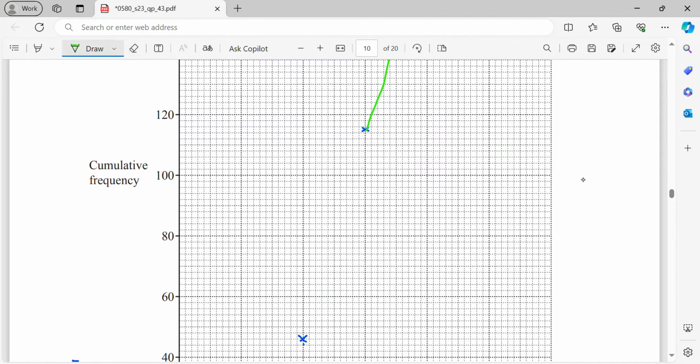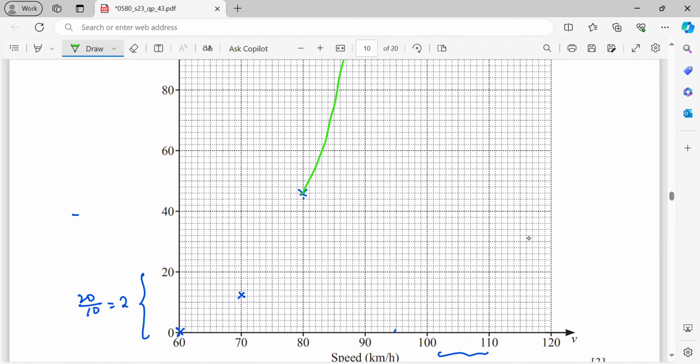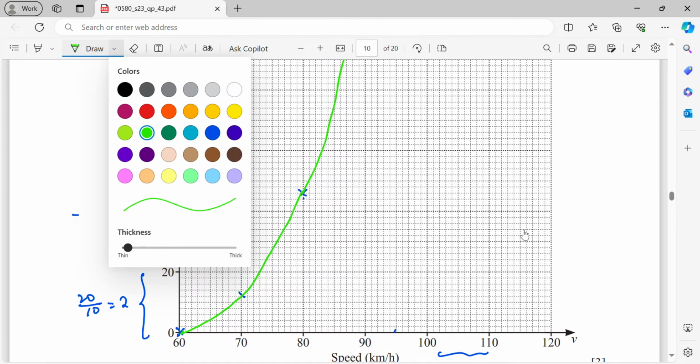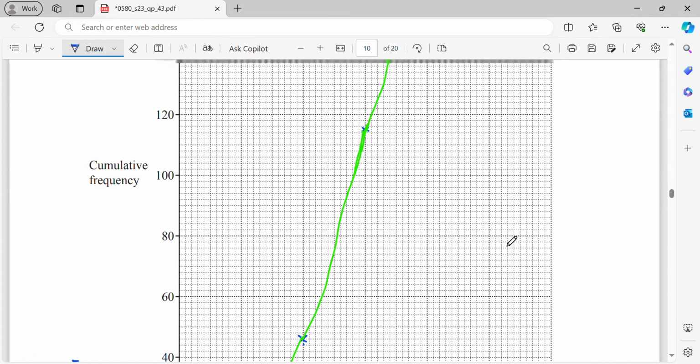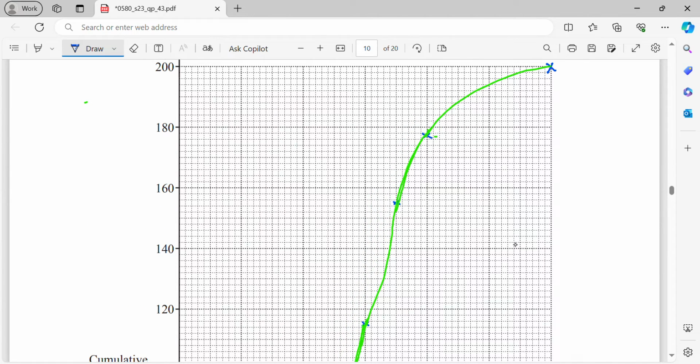The graph is not smooth. Okay, so roughly this.